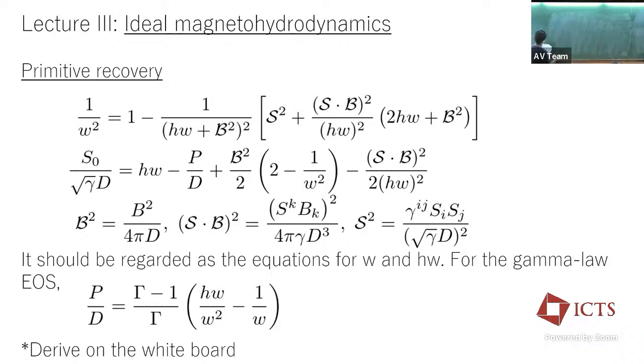This is the Lorentz factor equation, and the most important ingredient to derive this expression is the contraction of the momentum S_i and the magnetic field B^i.